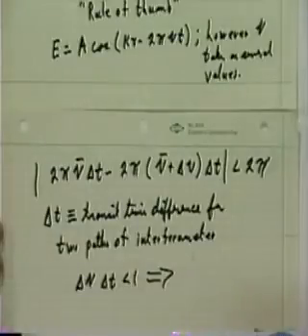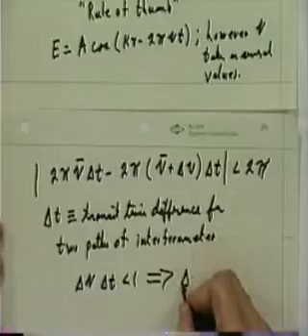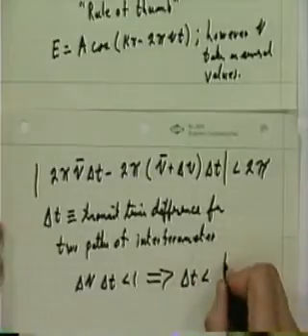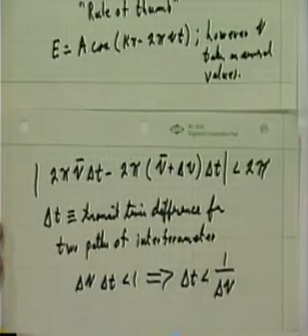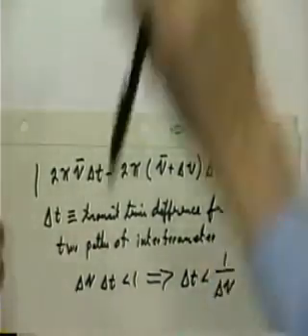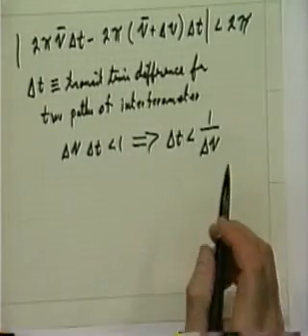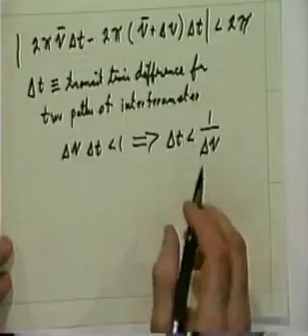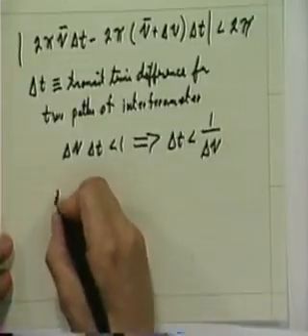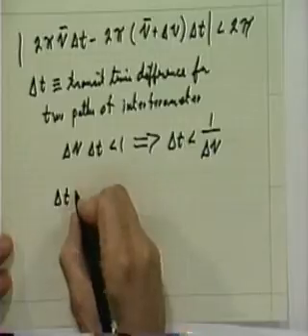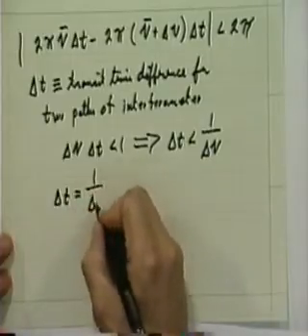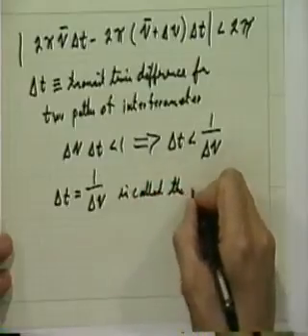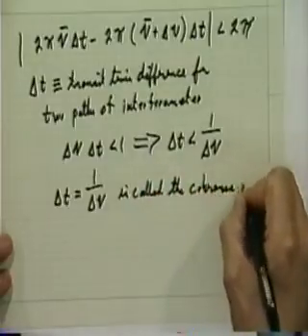That's saying that delta t, the transit time difference, is less than 1 over the frequency spread that we have. And this is what we called the coherence time. So delta t equals 1 over delta nu is called the coherence time.